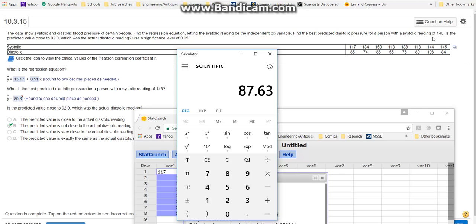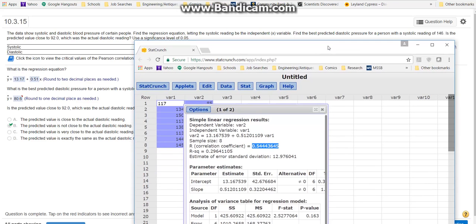That rule basically states that if I pick an X value that is not in the range of X values used to build the model, then I'm in unknown territory. I can't use that X value. So because 146 is not in the range of values used to construct this, well, actually it is. 150. That's in the range.